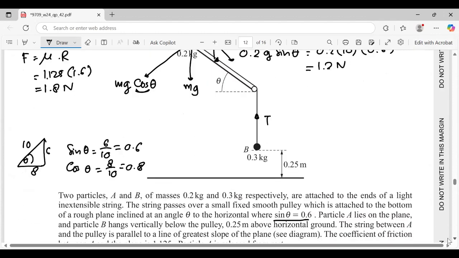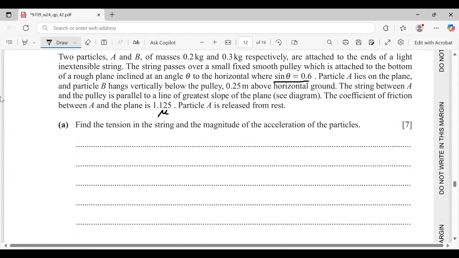Right. So on this particle, I write the equation on particle A: 0.2 times g sine theta plus tension minus F equals 0.2A.